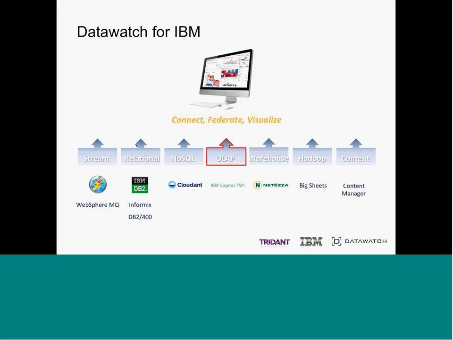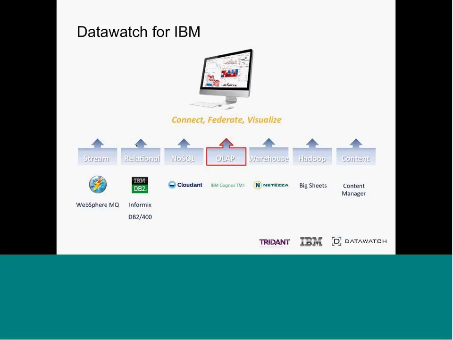For IBM, we have connection points. We've had a long history with IBM actually, and we do connect through different areas. It's pretty exciting for us at Datawatch because we have activity through WebSphere, the InfoSphere Streams, so we connect into real time and look at streaming data.